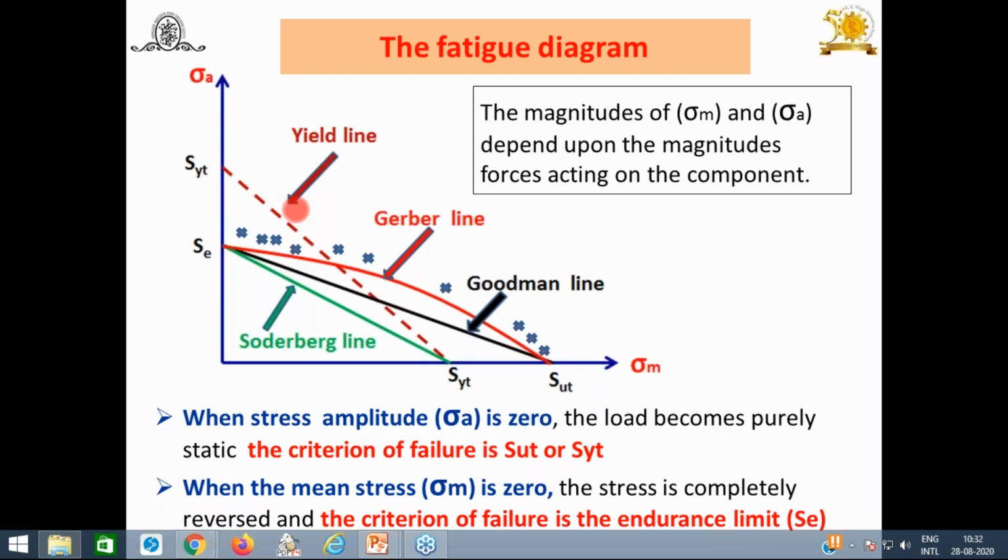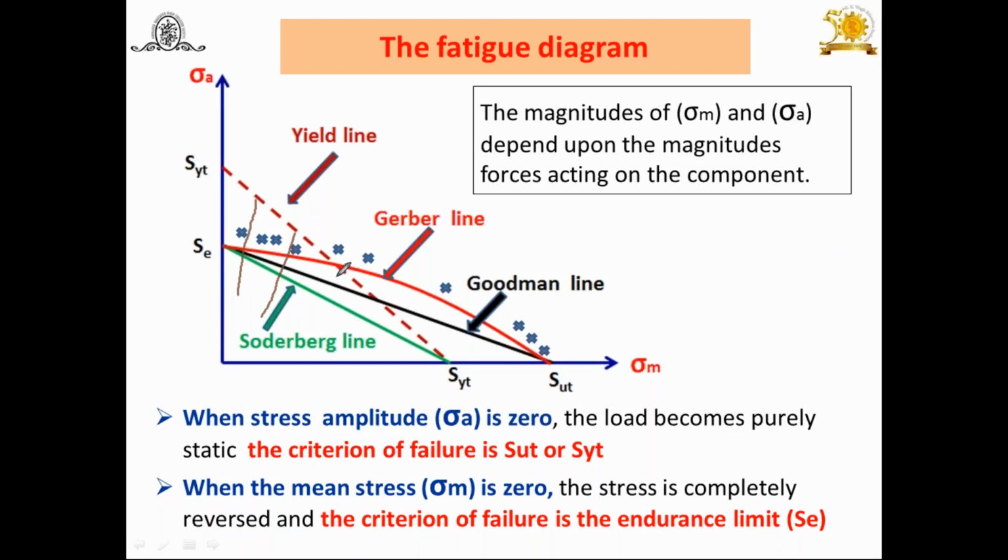What is the physical significance of the yield line here? All the points which come inside this yield line, towards this side, try to understand, towards this portion, are the safe points when the component is subjected to fluctuating load.